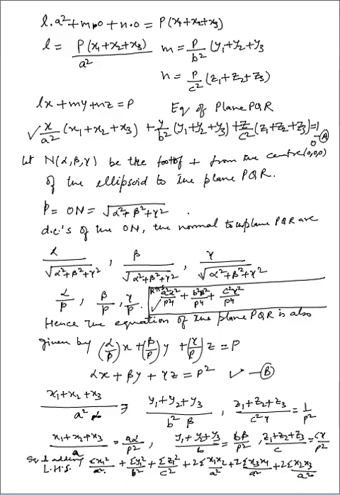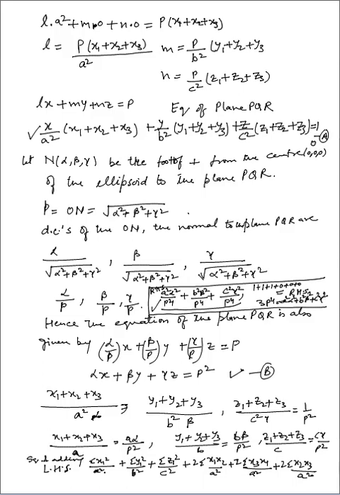Now the left hand side gives 1 plus 1 plus 1 plus all 0s, which is equal to this right hand side value, and we get 3. If we cross multiply, 3P to the power 4 is equal to a square alpha square plus b square beta square plus c square gamma square.